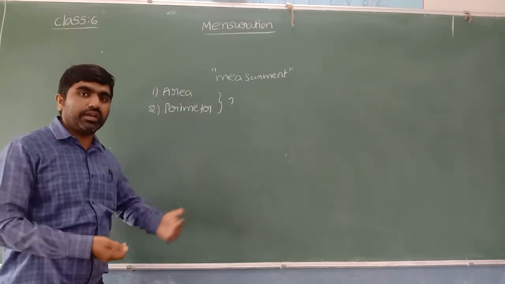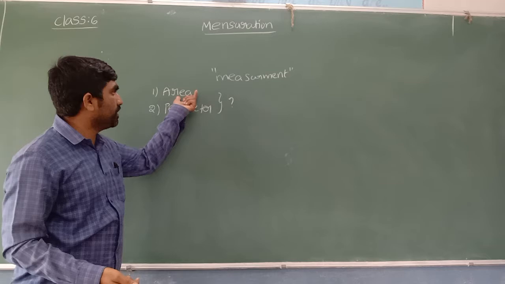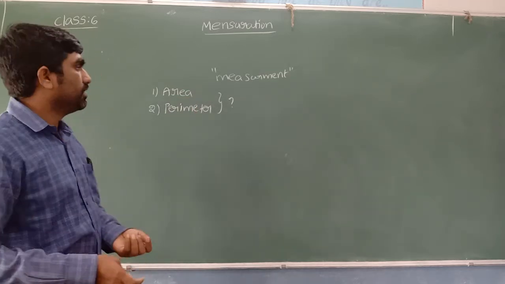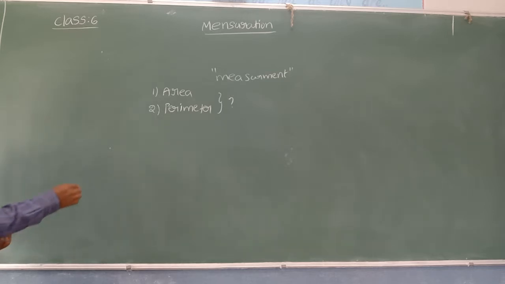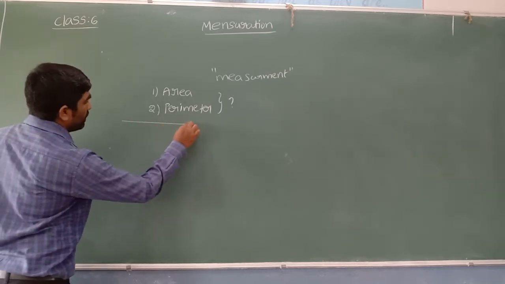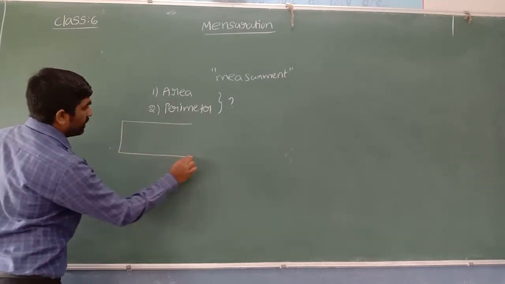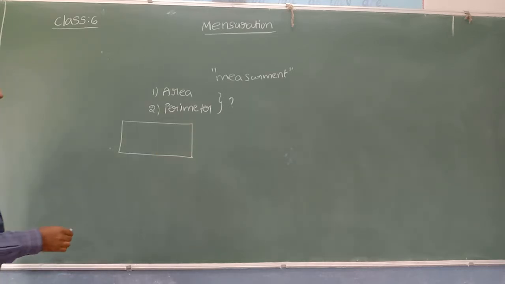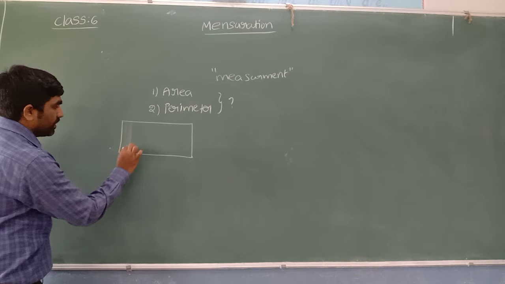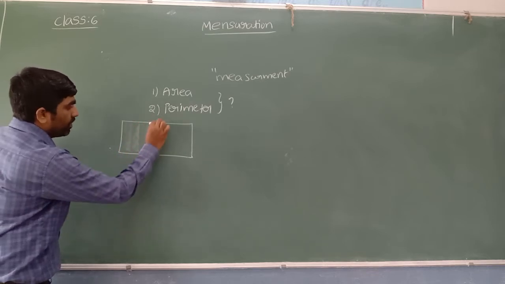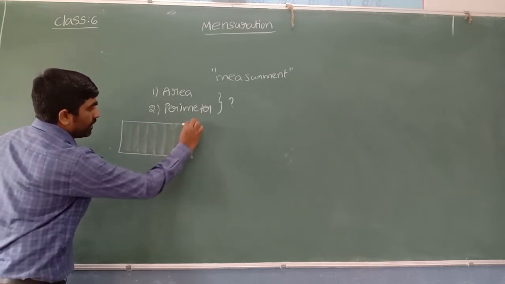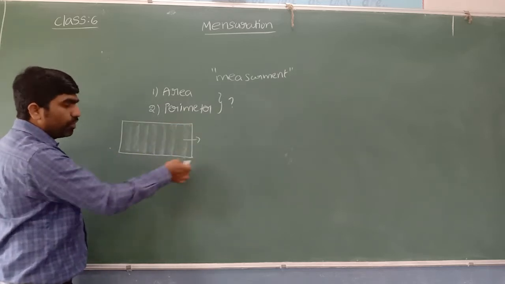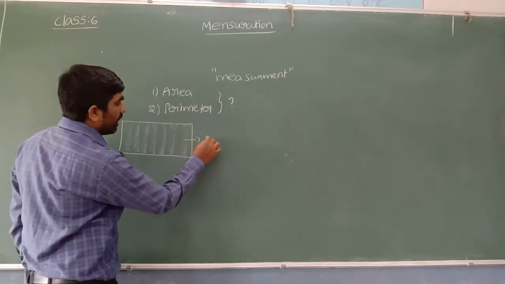So before going to that, let me give you some idea about what is meant by the word area and what is meant by perimeter. Children, see here. Suppose I have a room in the shape of a rectangle. Now I decided to cover the inside of this room, the floor of the room, with carpet.